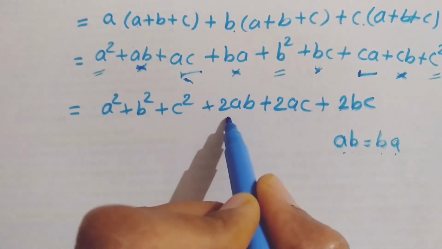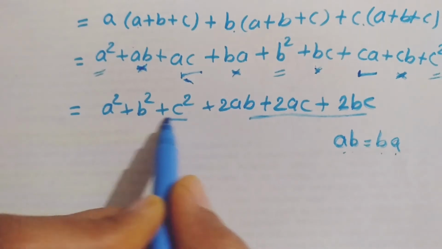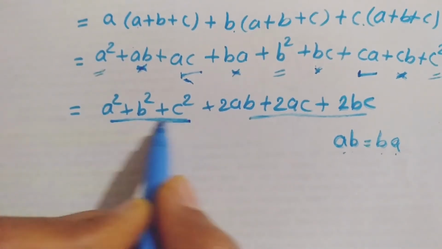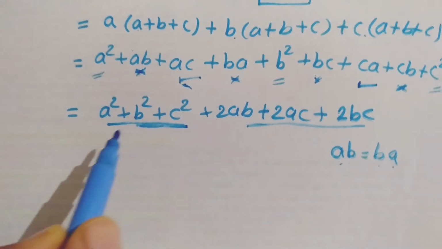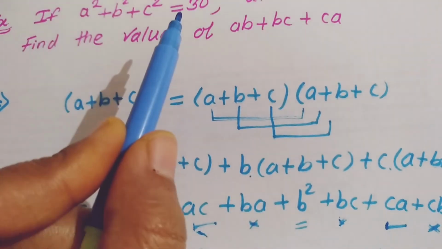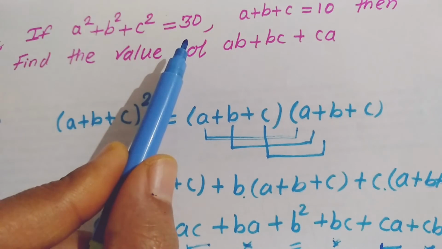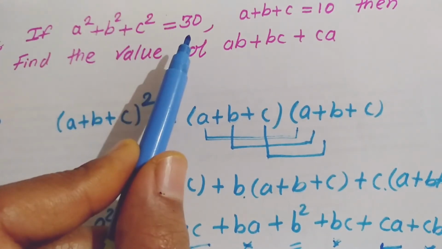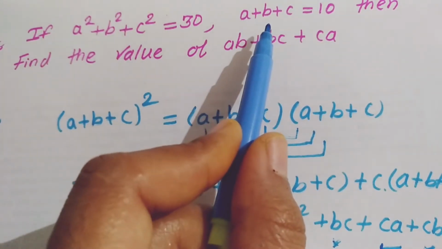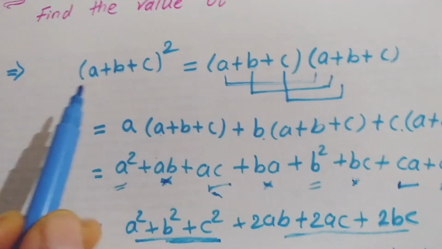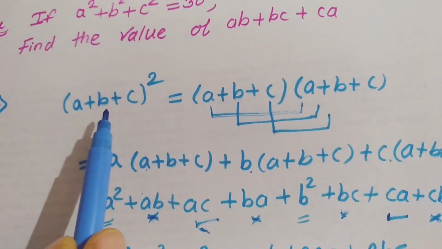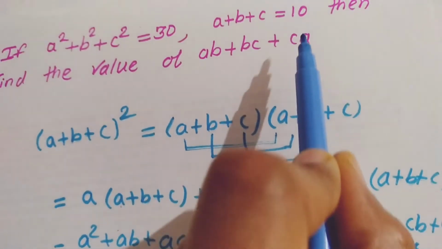Now here twice terms, and here a square, b square, c square, the square terms. But we know the value of a square plus b square plus c square, because in the question the given value of this square addition is 30. Now second, a plus b plus c is also given, that is 10. So in the left hand side we have taken a plus b plus c, which is nothing but 10.